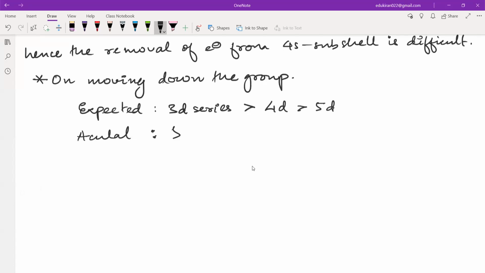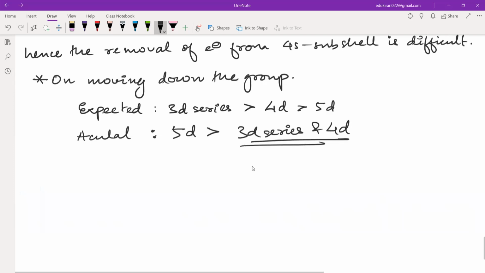So actual will be: 5d is greater than 3d and 4d. Okay, 5d is greater than the 3d series and the 4d series, both of them.